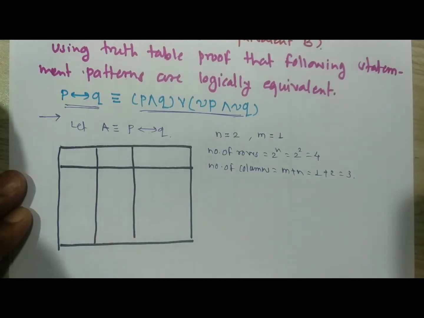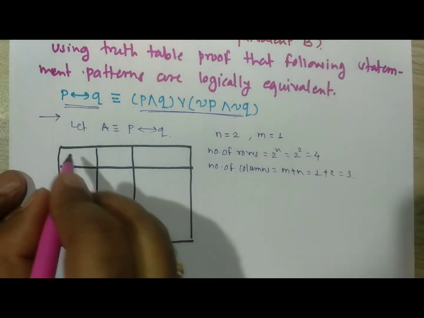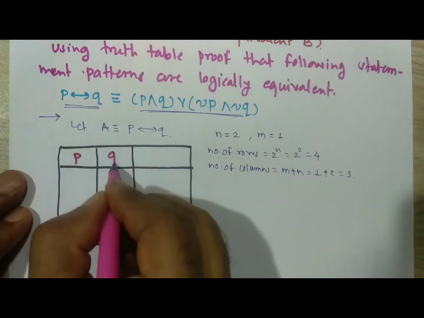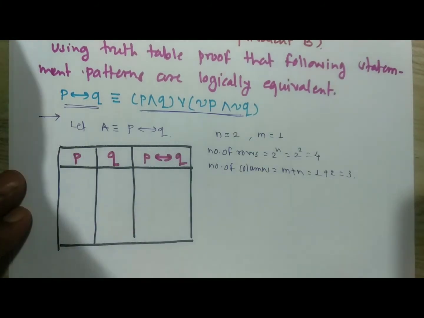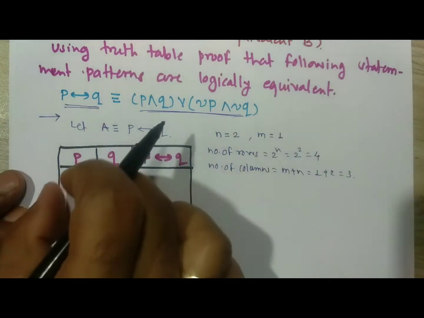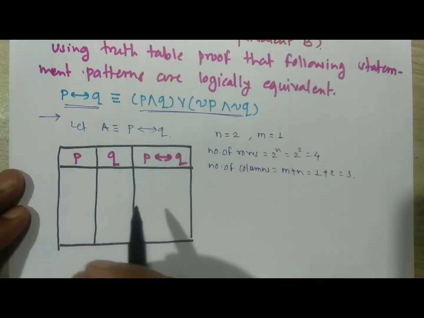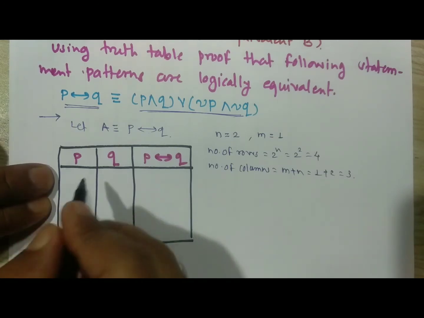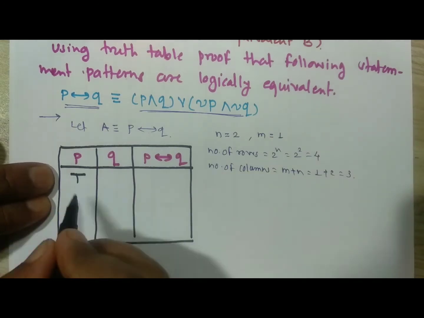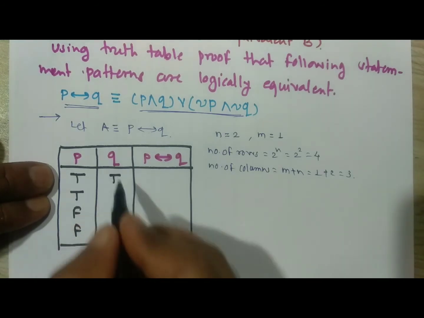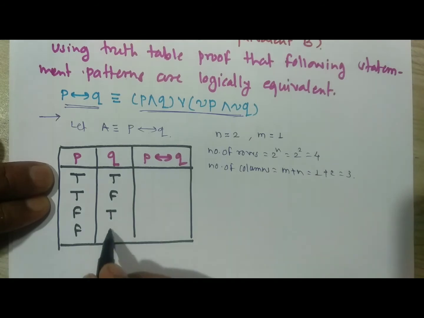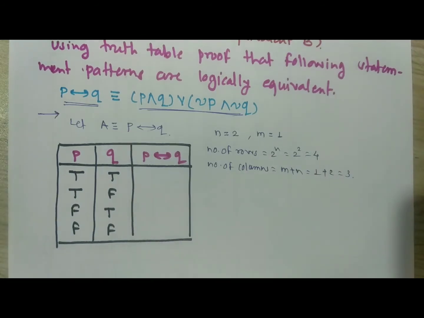First of all, we take P, then Q, and then P double implication Q. When 4 rows are there, the first statement is taken as T 2 times and F 2 times, then alternately T, F, T, F. And we know the rule for double implication.